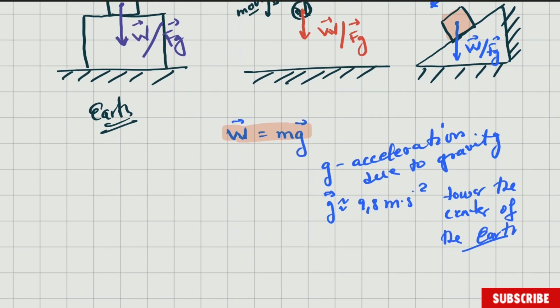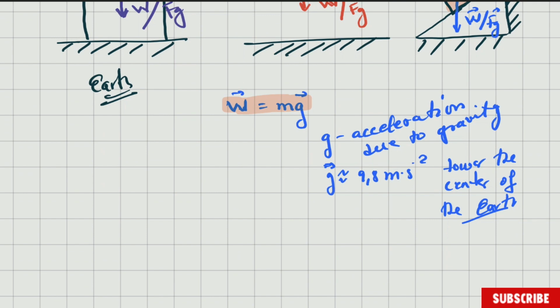However, if you write down, you will be fine. So this acceleration is towards the center of the Earth. It's the acceleration due to gravity, and that is the number we are going to substitute. Remember, it's an approximate number. It's not always like that in different places on the Earth. We'll eventually speak more about this in another part of this topic.